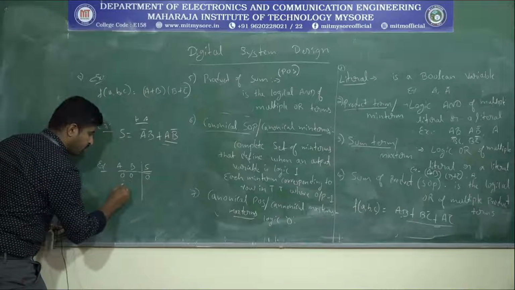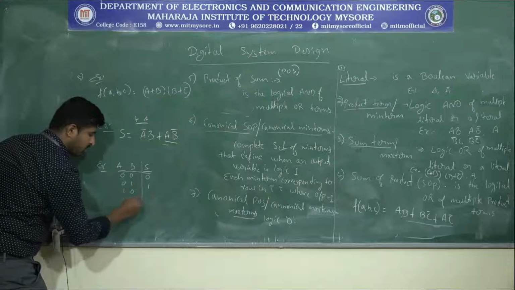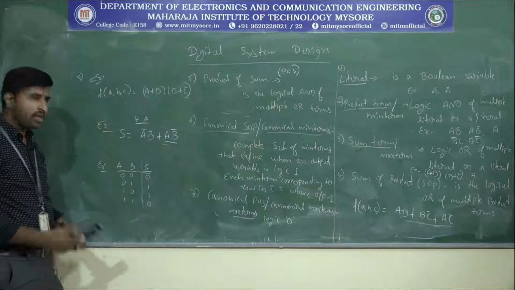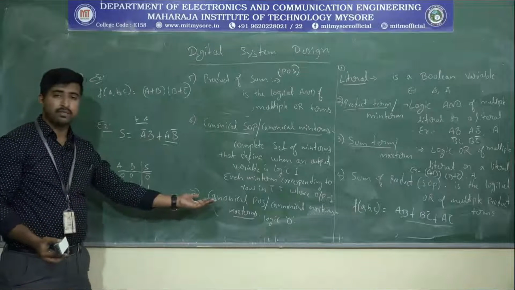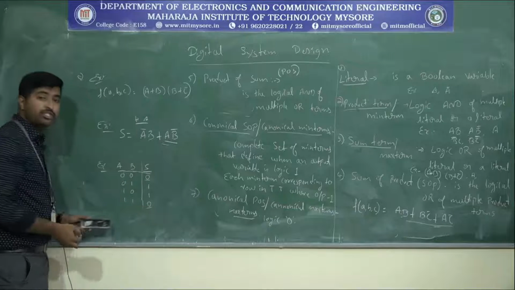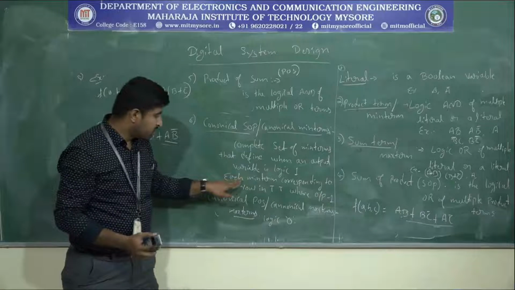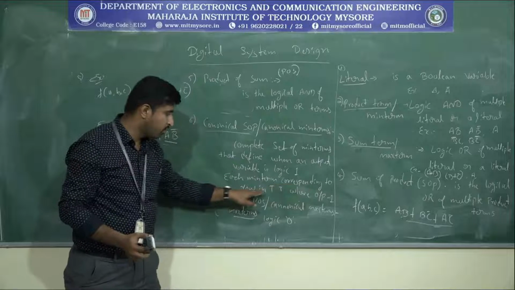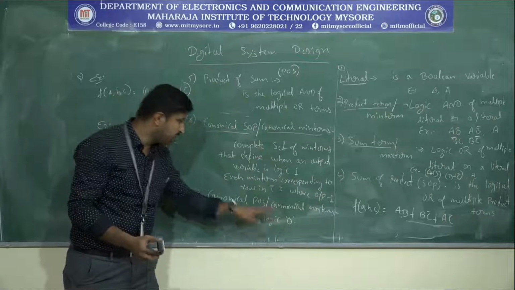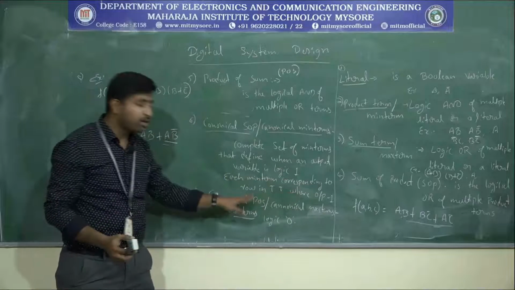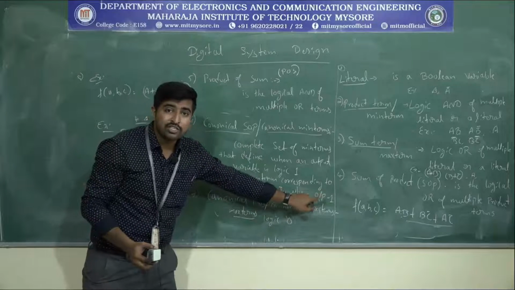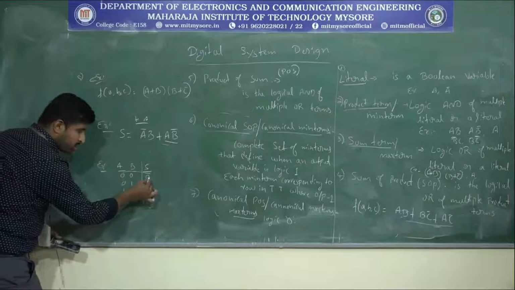0 0 0, 0 1 1, 1 0 1, and 1 1 is 0. Now how to write the canonical max term? Here we look for the output that is logic 0. Each min term corresponds to a row in the truth table where the output is 1, whereas each max term corresponds to a row where the output is logic 0.